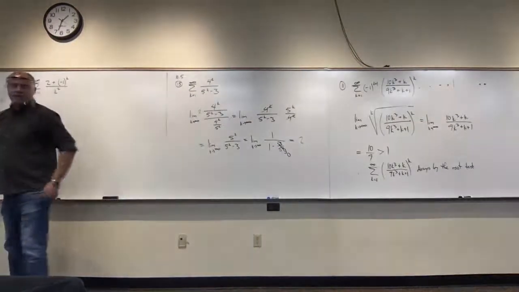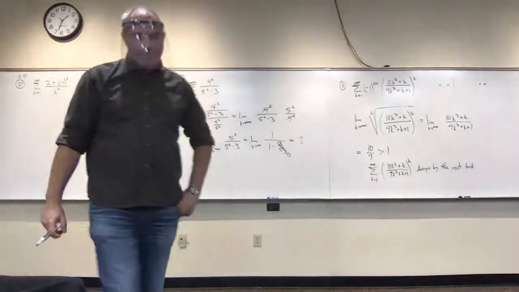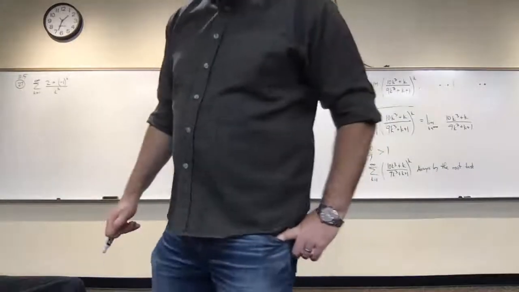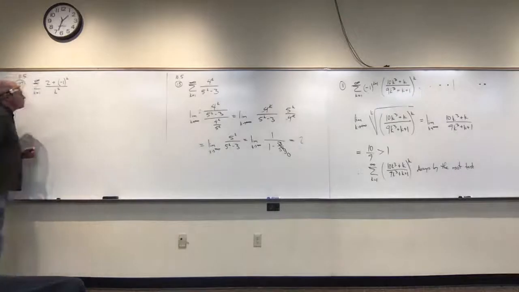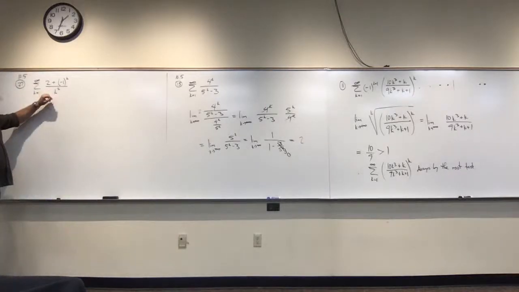All right, and then they ask to use a comparison test, is that right? Yes, or a limit comparison test. So what I would like to do is say, okay, first of all, this thing is either -1 or +1. If it's +1, then I get 3 on top, right? If it's -1, I get 1 on top.